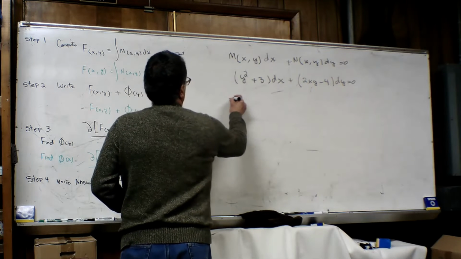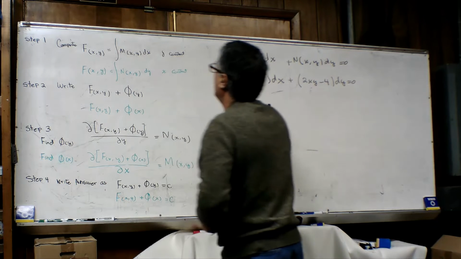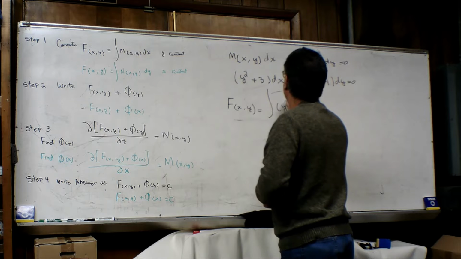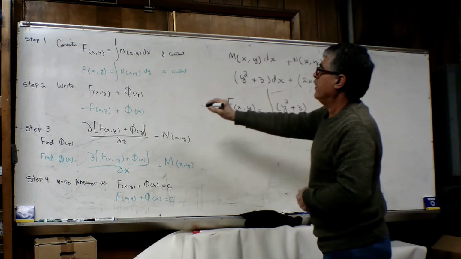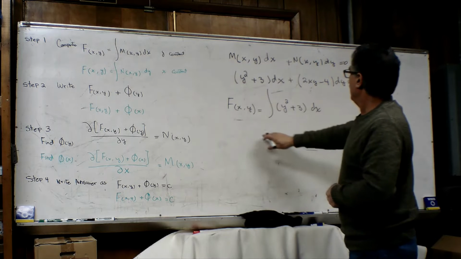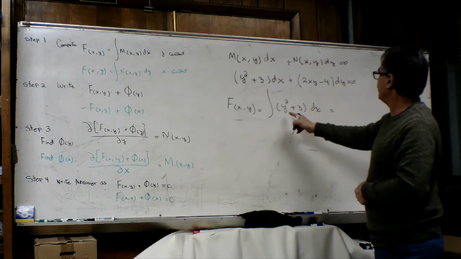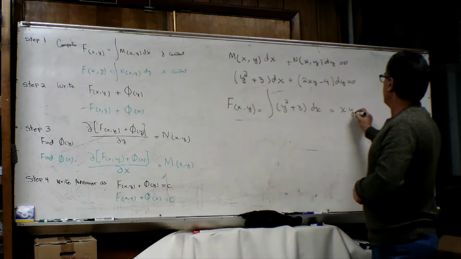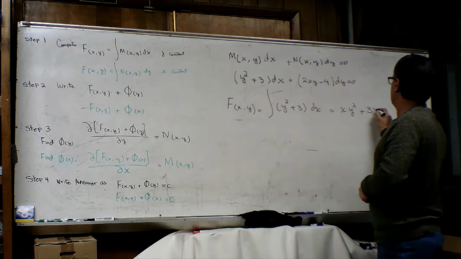So f as a function of x and y equals the integral of (y squared plus 3) dx while y is constant. This will be equal to xy squared plus 3x.